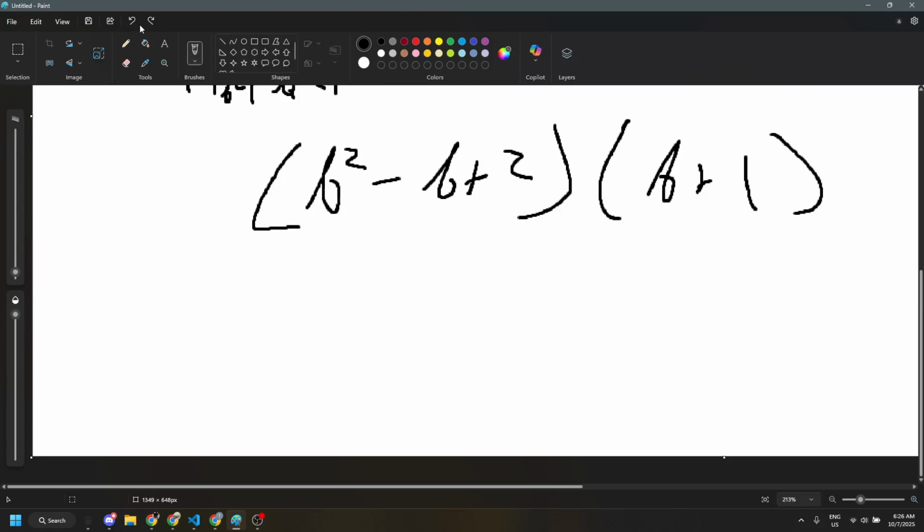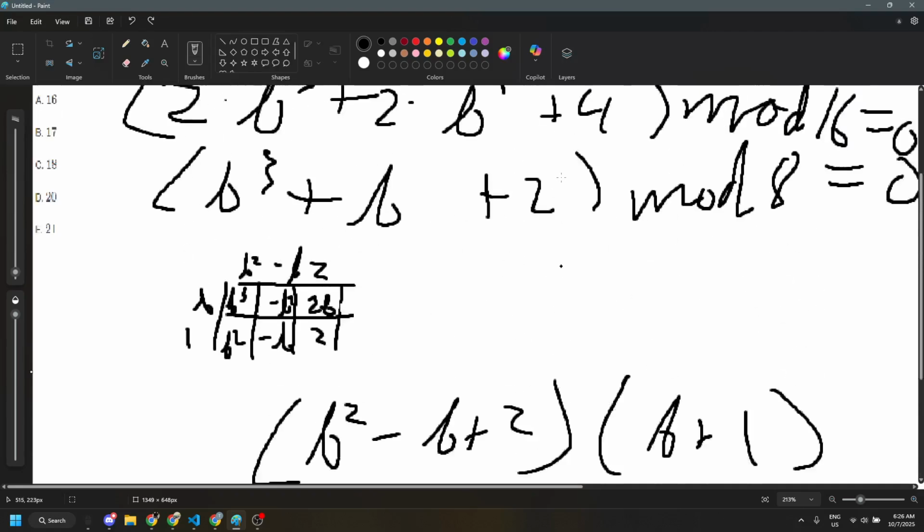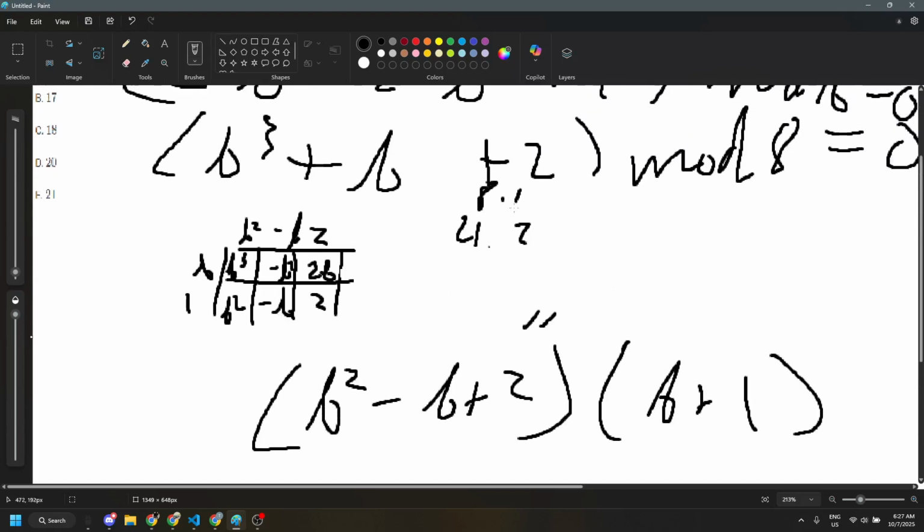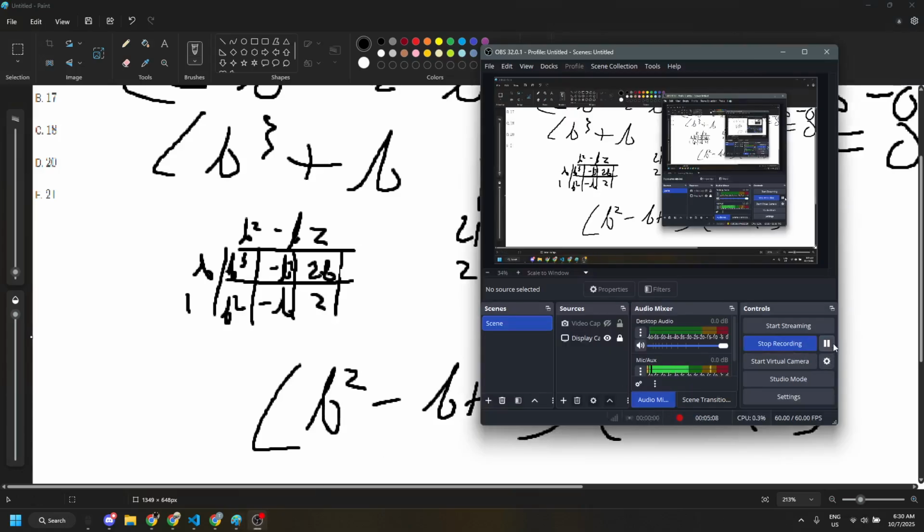Okay, so our possibilities are that this is equal to 4 times 2, 8 times 1, or 2 times 4.